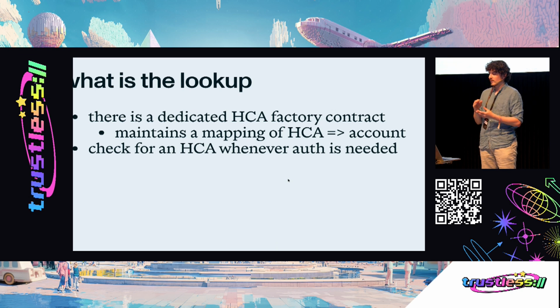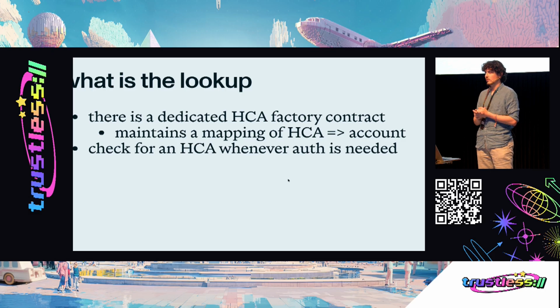The lookup is just on an HCA factory contract, and it's just one HCA factory contract, and it recognizes a single implementation, and it can maintain a mapping of an HCA address to an account so that you can do a reverse lookup whenever you need authentication for anything.